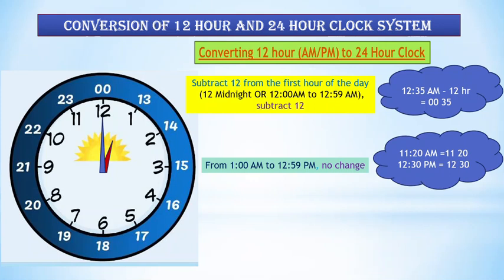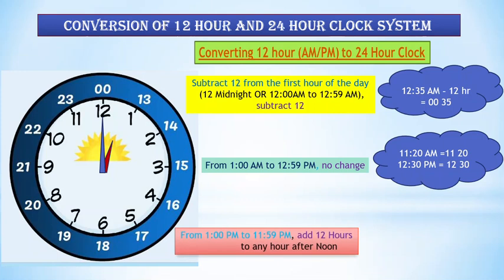The time will be 1120. There will be no colon sign, no AM written. Another example is 12:30 p.m. The number remains same but without colon and without PM. Let's see another example.